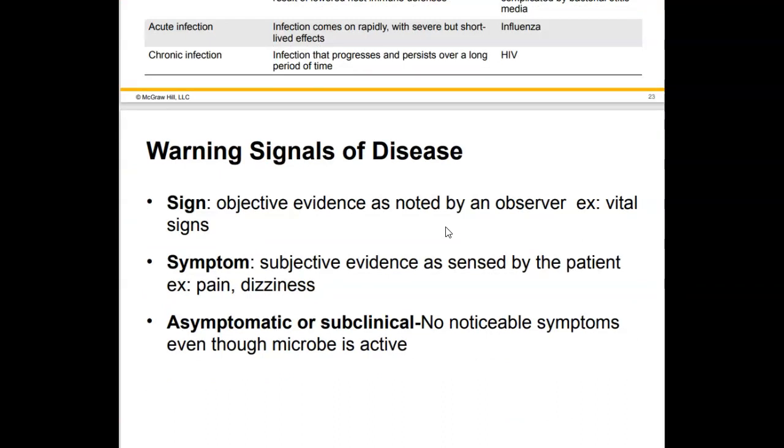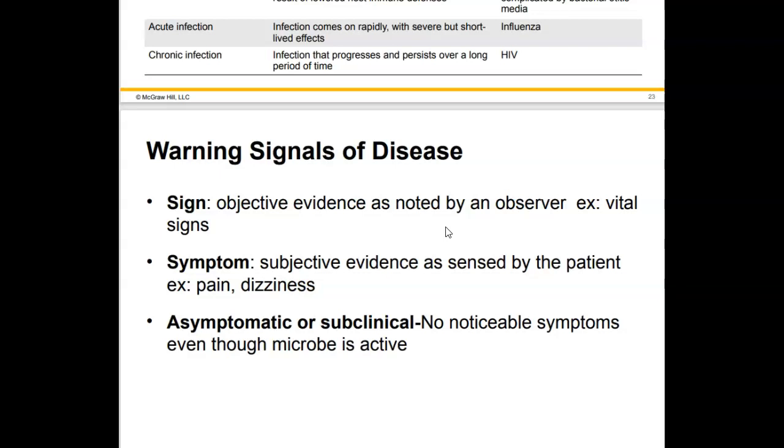Warning signals of disease. We want to differentiate between the two terms of a sign and a symptom. Typically when you go to the doctor, they're going to ask you, why are you here? What are some of your symptoms? And so you're going to tell them what you are feeling. Those are your symptoms.